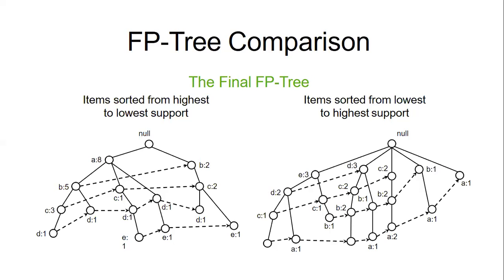Based on each transaction, we constructed the tree. That was pass two. When we complete pass two, we get the FP tree.